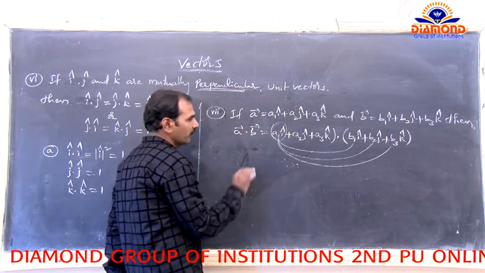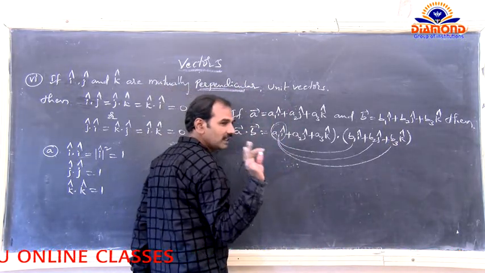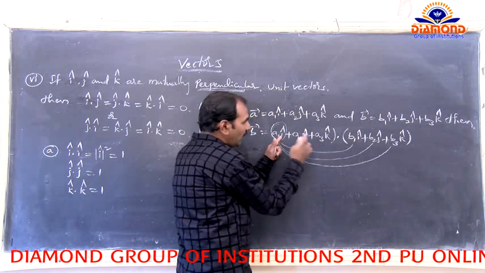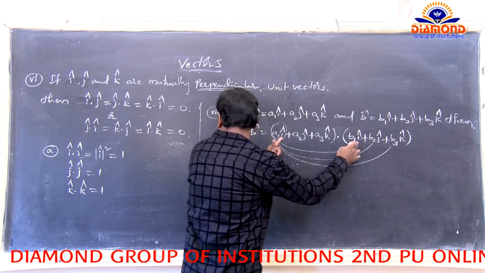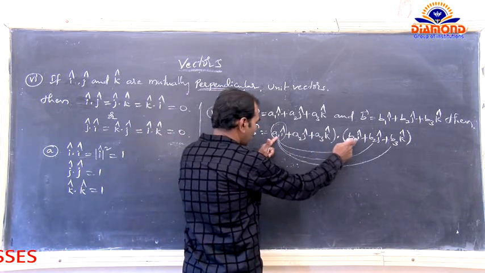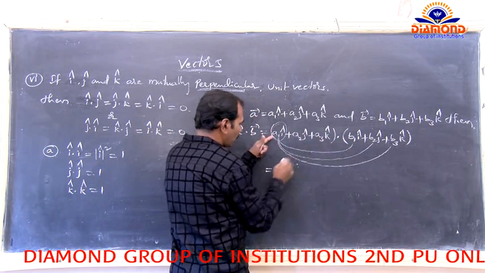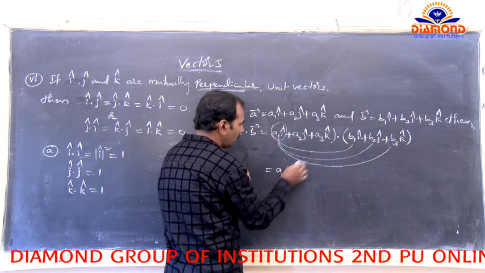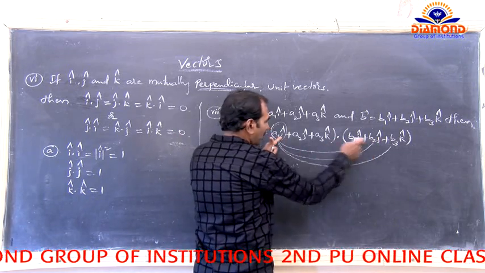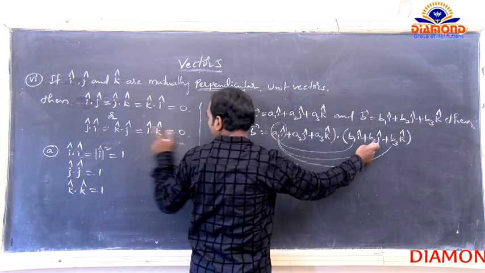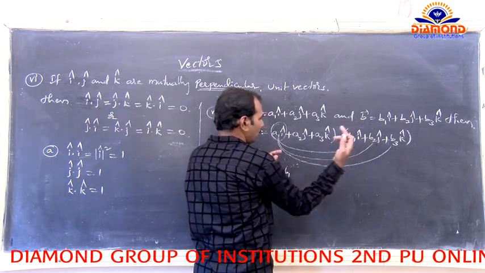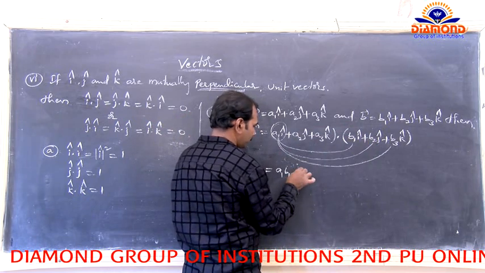First, consider i dot i. We already know the i dot i value is 1, so it gives the product of components A1 B1. i dot j is 0, so that term is 0. k dot i is 0, i dot k is also 0. Next, j dot j gives A2 B2, and j dot k is 0.